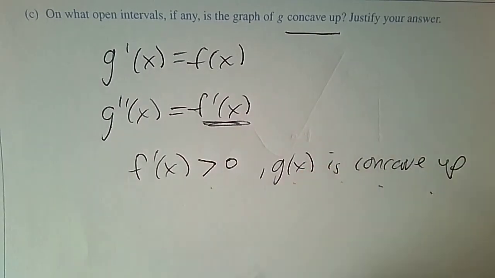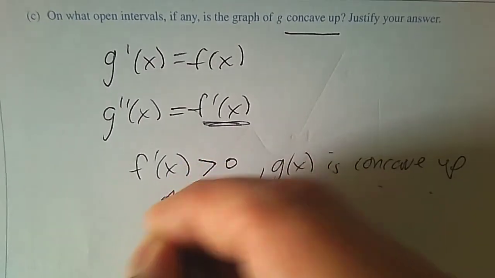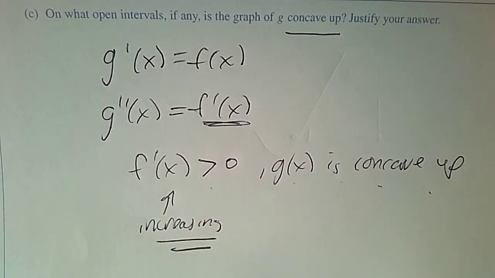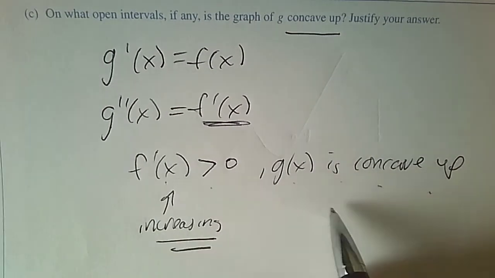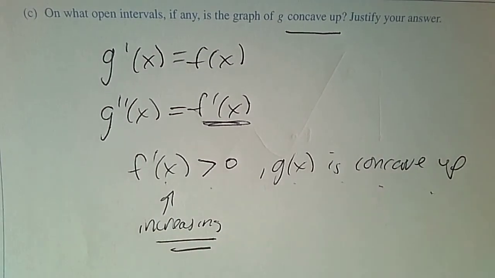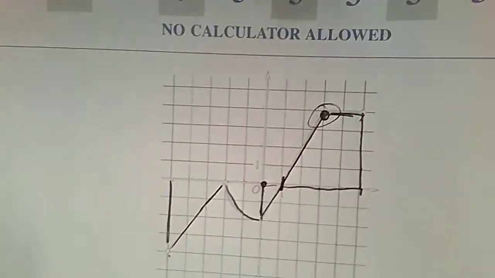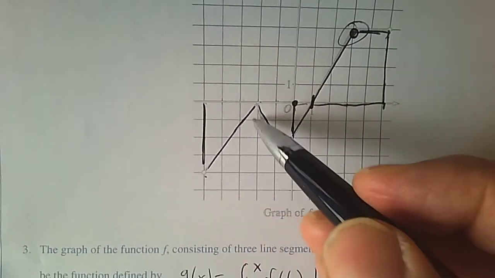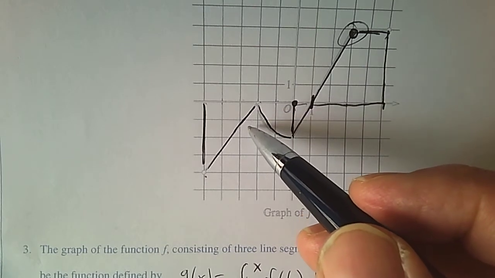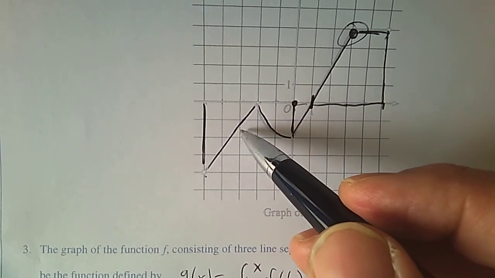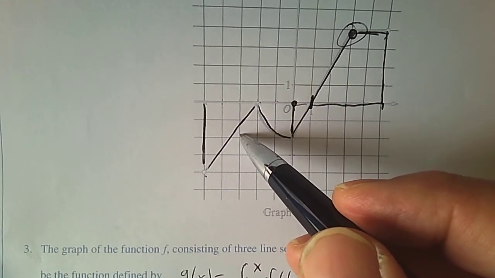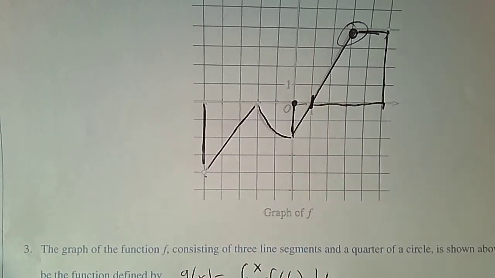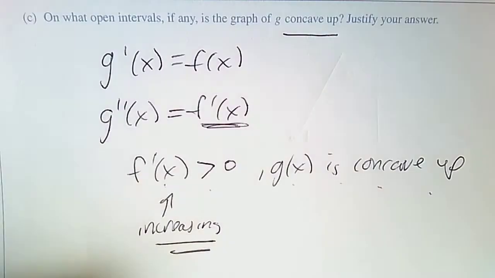Now when I look off the graph, all I'm seeing is where is the graph increasing? That's all I'm looking for. So what intervals is it increasing? That's where g is concave up. So let's look back on the graph again and think, where is it increasing? First of all, it's increasing from -5 to -2, because it's going up there.